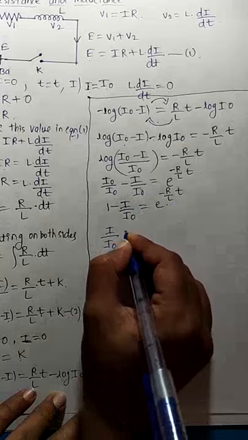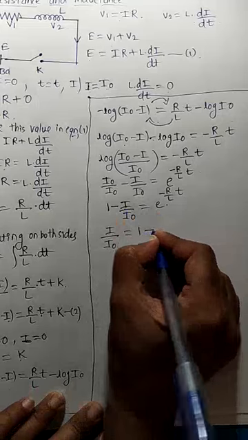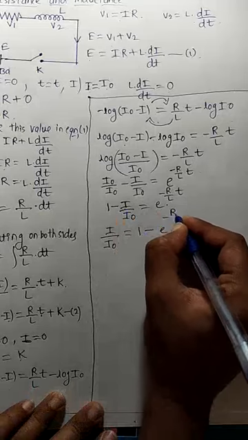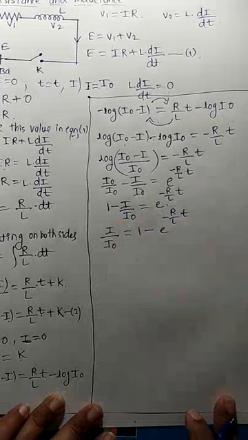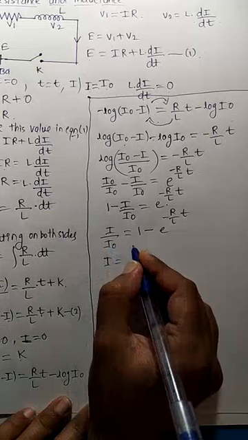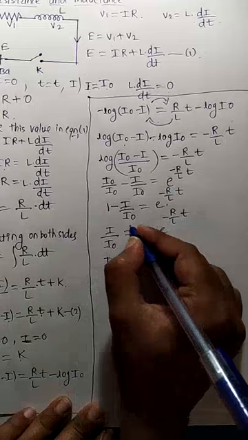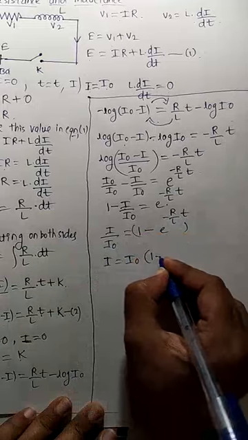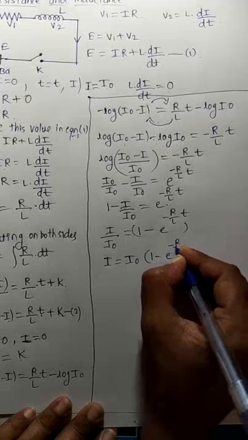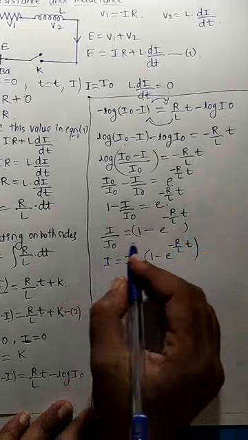I by I naught is equal to 1 minus e raised to minus R by L into T. Now I is equal to what? I is equal to I naught into the bracket, 1 minus e raised to minus R by L into T, isn't it? So this is the current value we got.